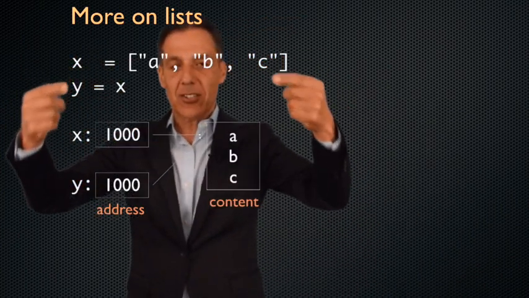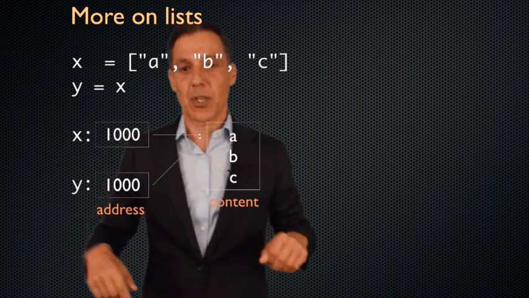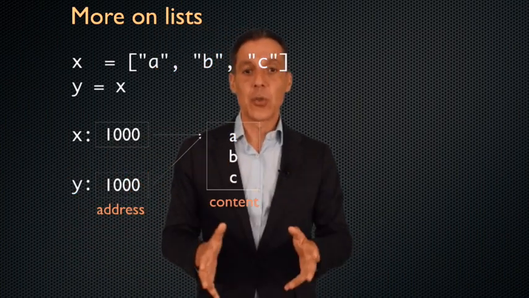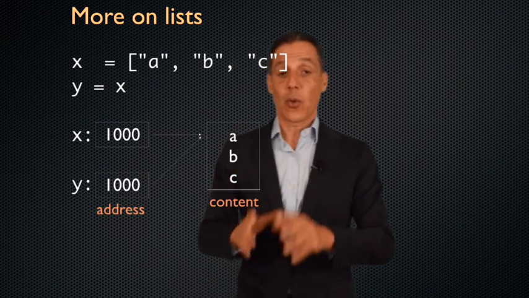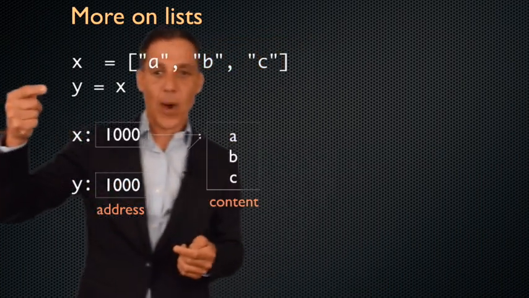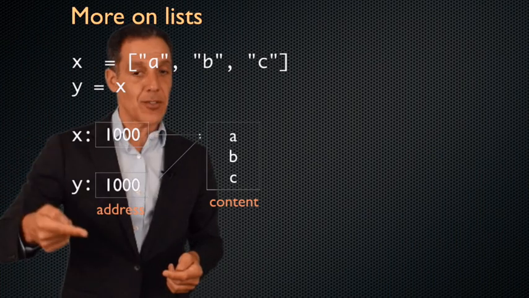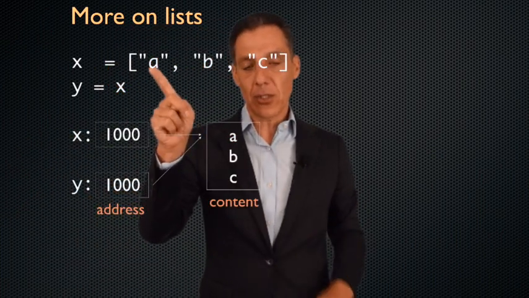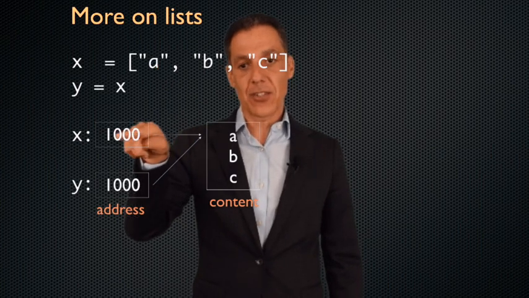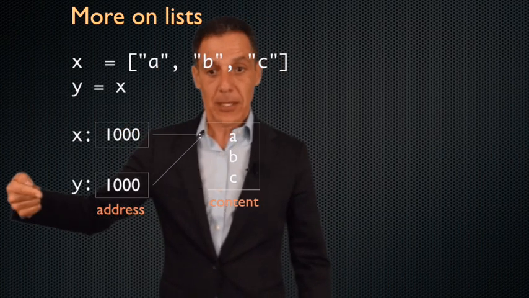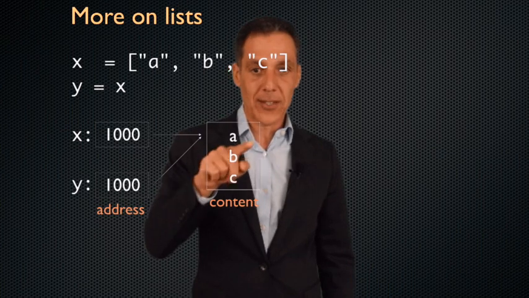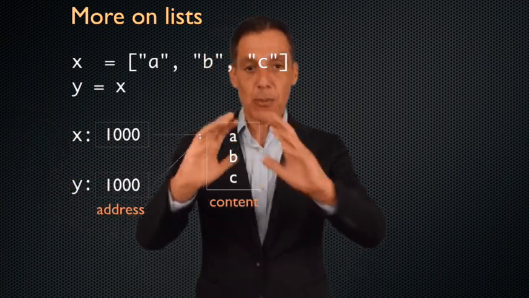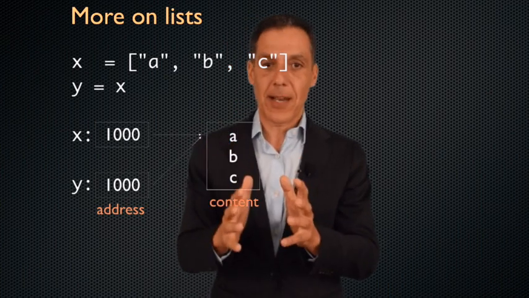But with lists, and more generally with objects, which we'll talk about in a few weeks, you are storing an address to a list. So there's only one version of the list. So when I say y equals x, y and x are the same thing. And now you can see in this picture why when I change the 0th element of y, I changed the 0th element of x. Because I went to y, I went to this address, I modified this list, and that means x and y are now both pointing to the same modified list.